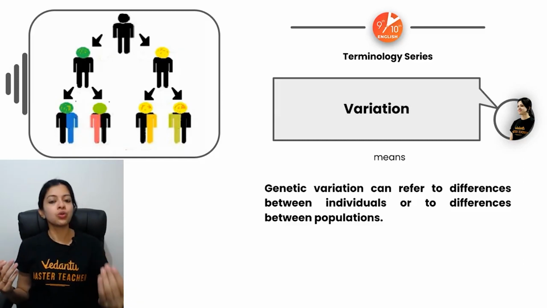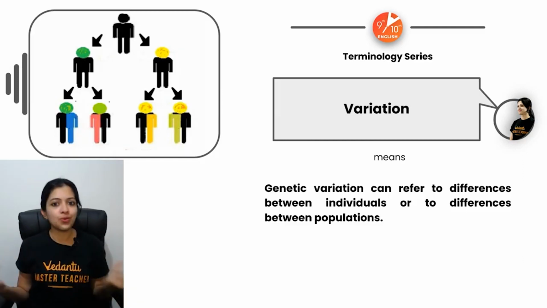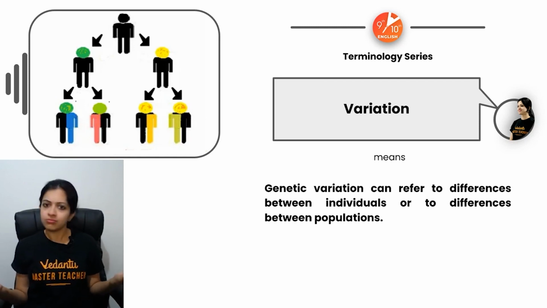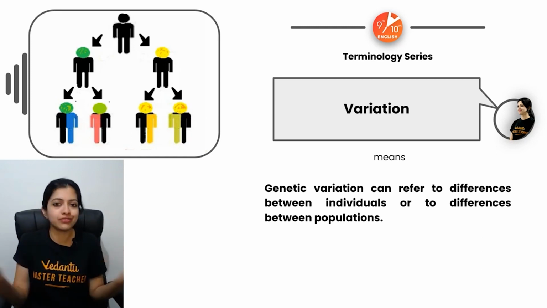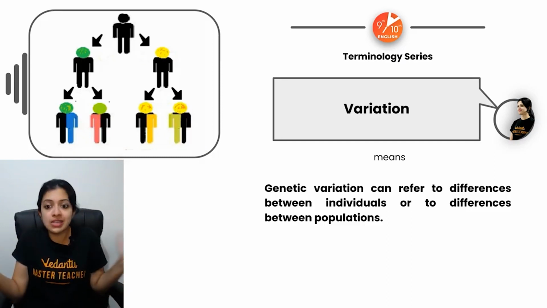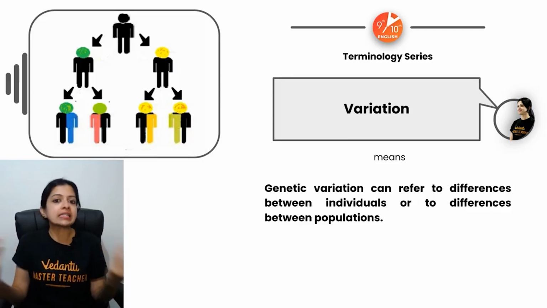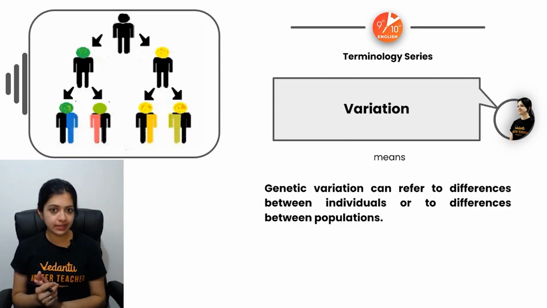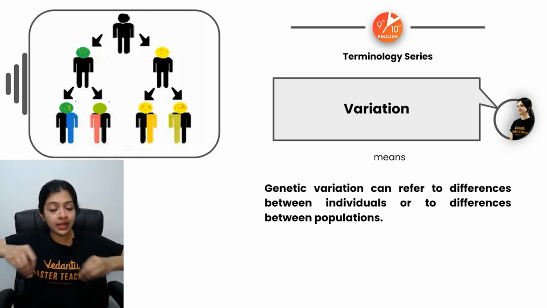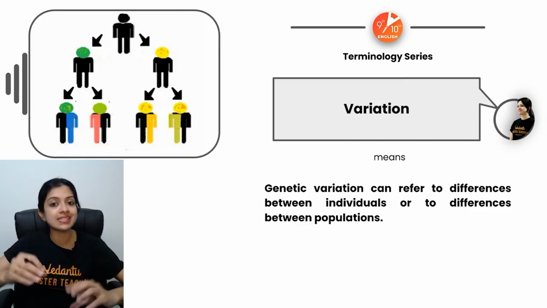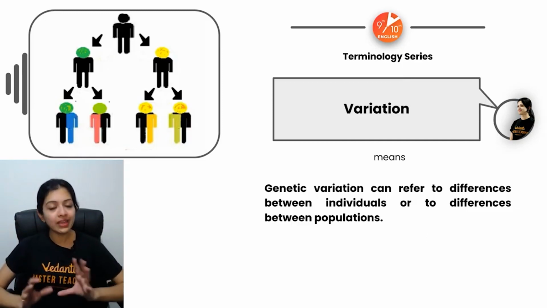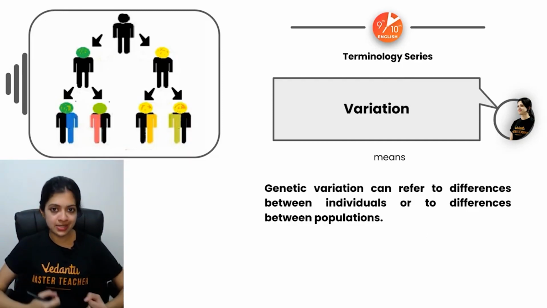Yet, you know that you and I don't look similar to each other. If at all, there may be a few features by chance which are similar between two random individuals, but we know that every individual in the human population is unique by himself or herself, right? These differences which exist among individuals belonging to the same species, we call those variations.